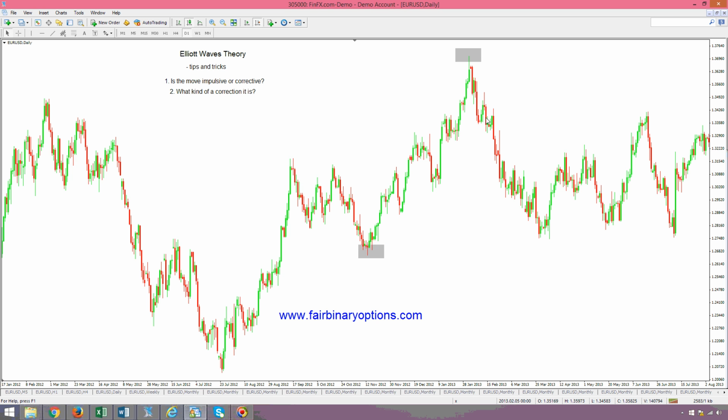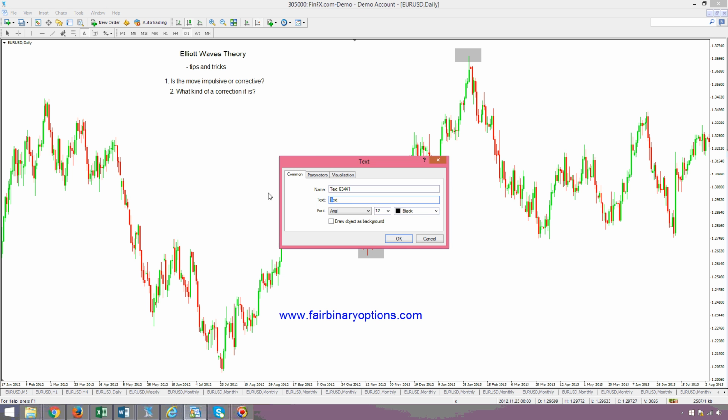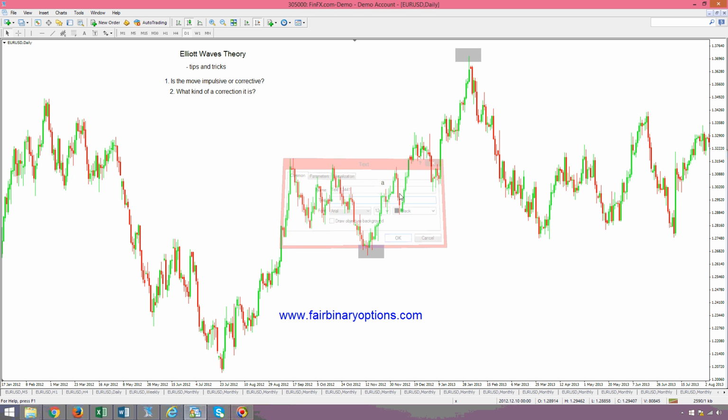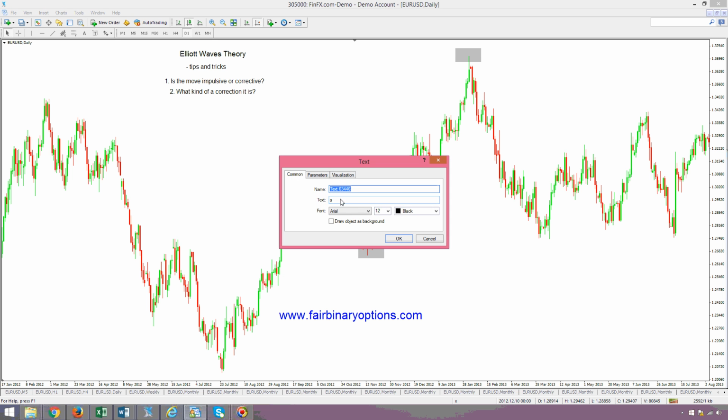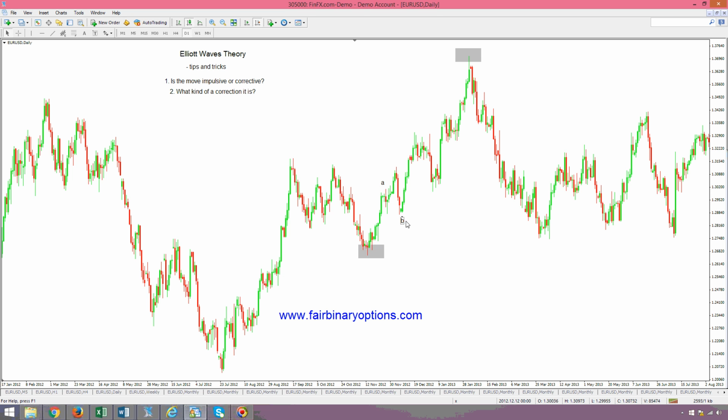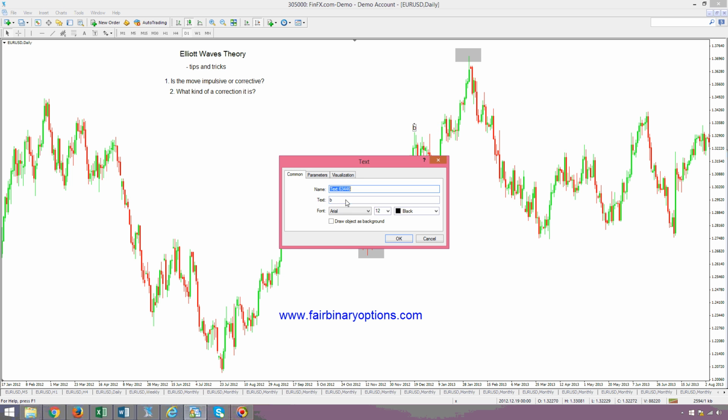So far we said this is a corrective wave, but is it a simple one or a complex one? Normally it should be labeled something like this, being wave A, and the B wave, and the C wave to the upside, A, B, C.